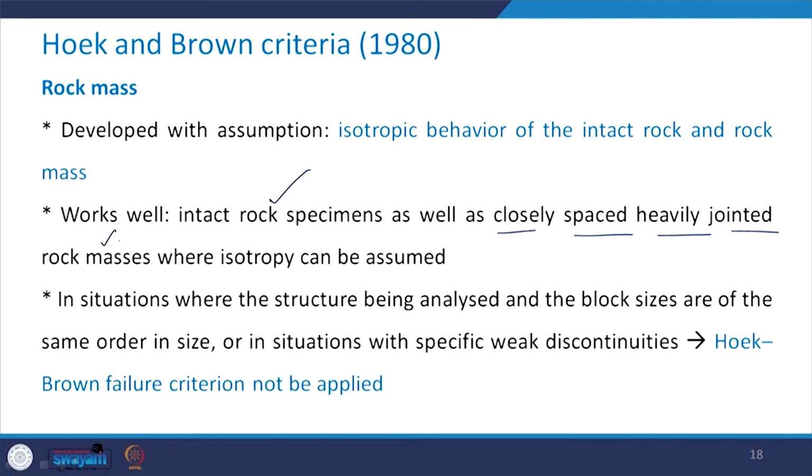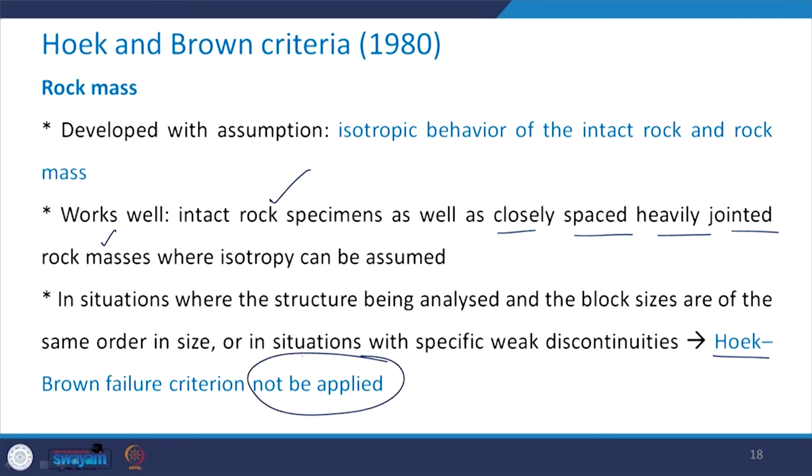But where you have situations that the structure that you want to analyze and the block sizes in the rock mass are of the same order in size, or if you have situations with weak discontinuities, then in that case this criterion should not be applied.